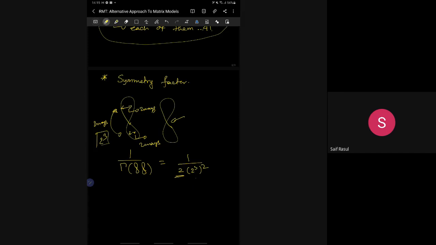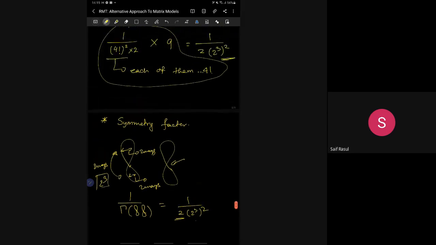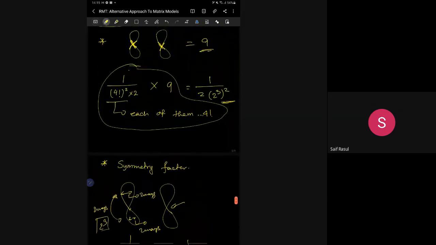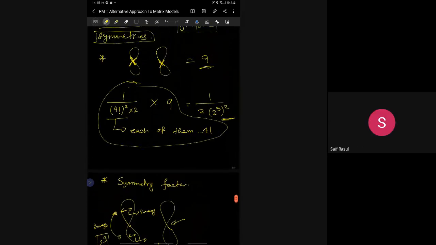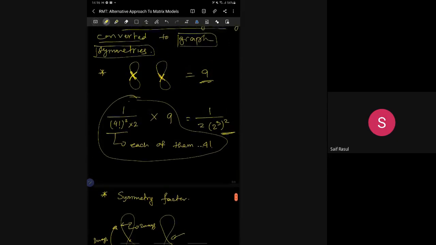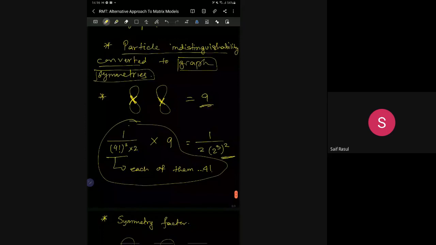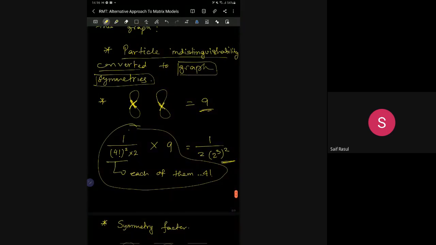Yeah. I have a question. When you said that the indistinguishable particles give you 4 factorial, what are we counting to get the 4 factorial? Are we rotating the particles around, and there are 4 factorial ways to rotate them or something? Think of it like this. There are four particles, and they're indistinguishable.